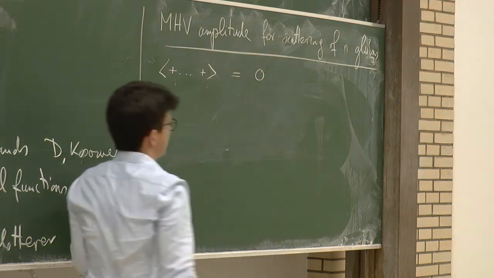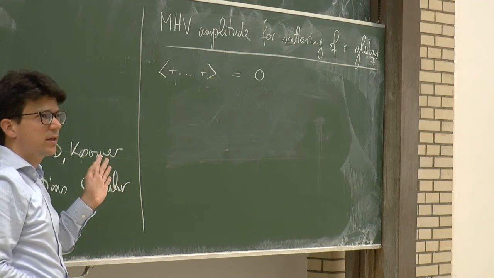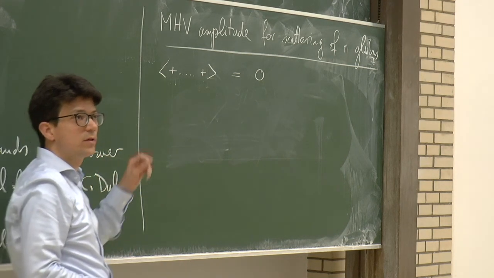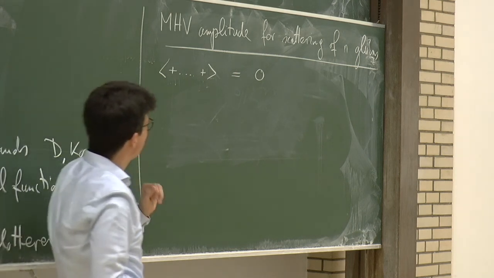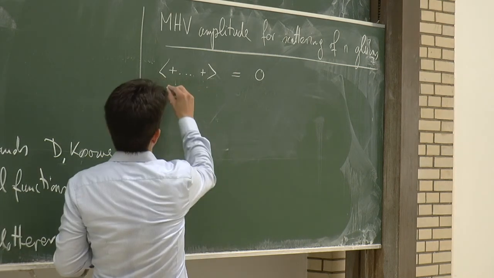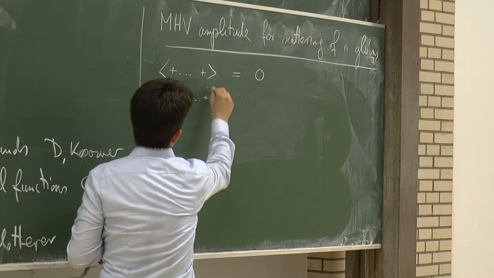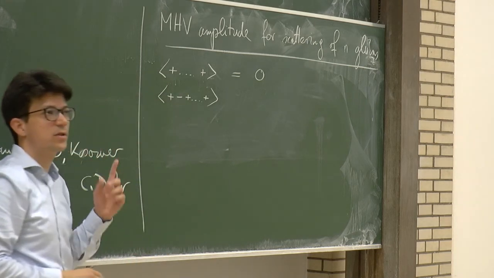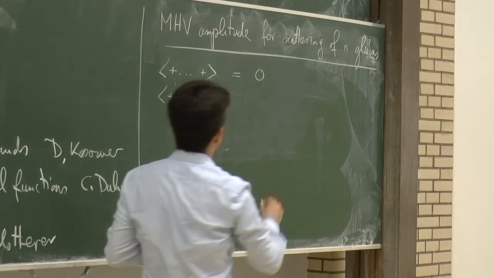We can show that they're zero. We'll see later an argument based on supersymmetry, which very cleanly allows you to show this, but for now I just posit it here. In the same way, an amplitude with all plus helicity gluons and just a single minus helicity gluon similarly vanishes.